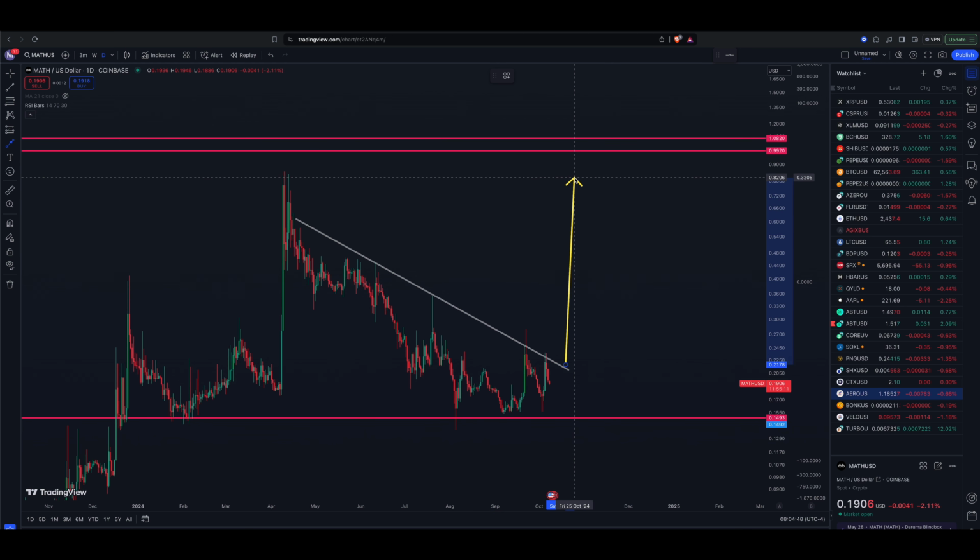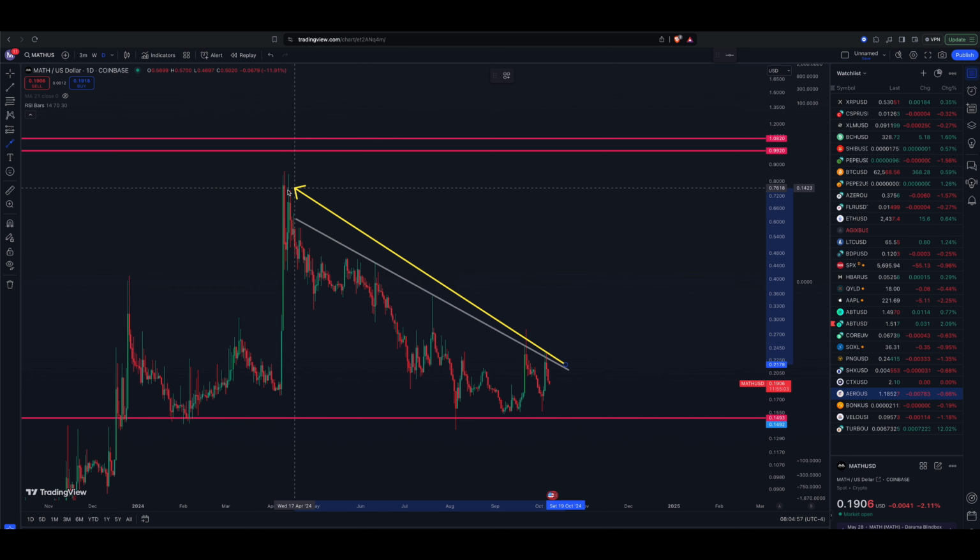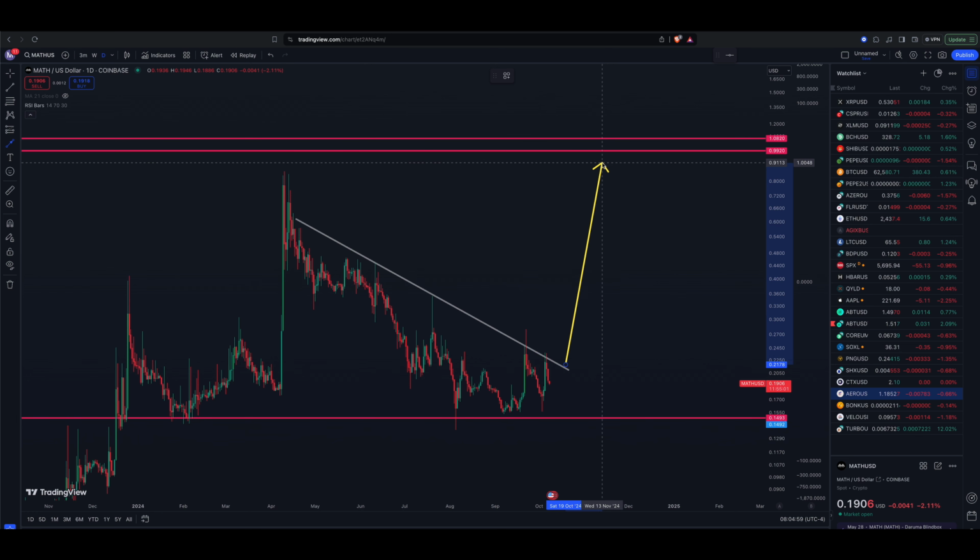My upside targets are 99 and 108. That would obviously take you above this major high over here. So unless Bitcoin really goes on a massive run or a big break to the upside, I don't see MATH breaking out. If Bitcoin does do that, there's a good chance MATH could break out.